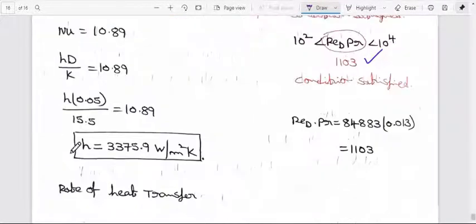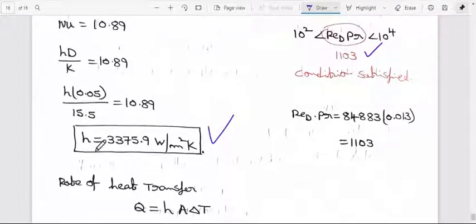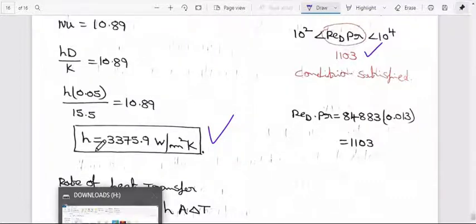So here Nu is equal to hD by K. So here the first value is h.